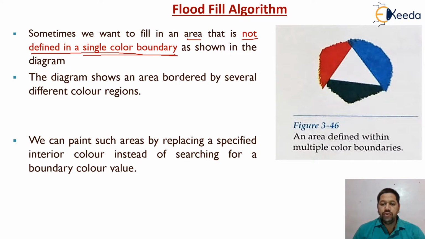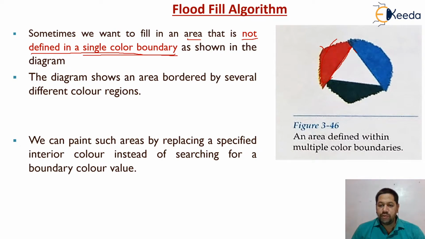If you look at this particular diagram, you come to know that this is the area of a polygon which has multiple boundaries. If I consider this boundary of the polygon, it has the red color.